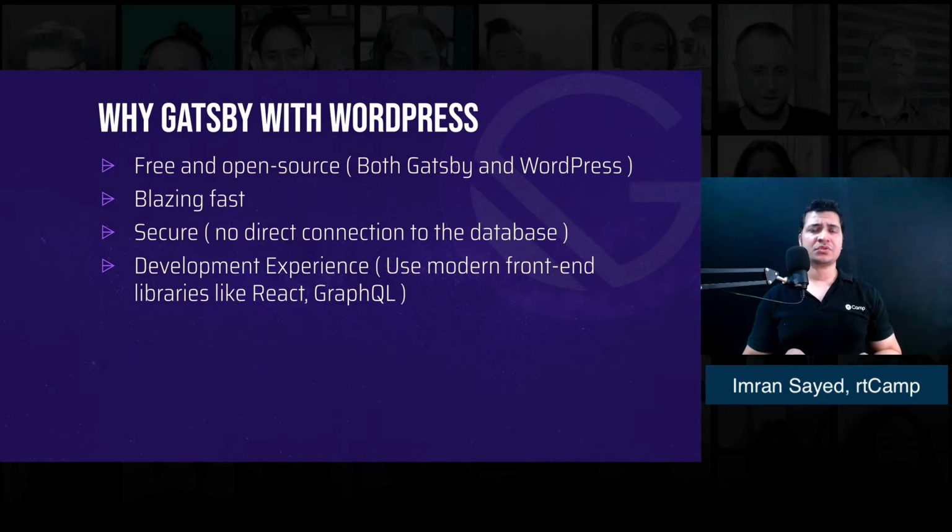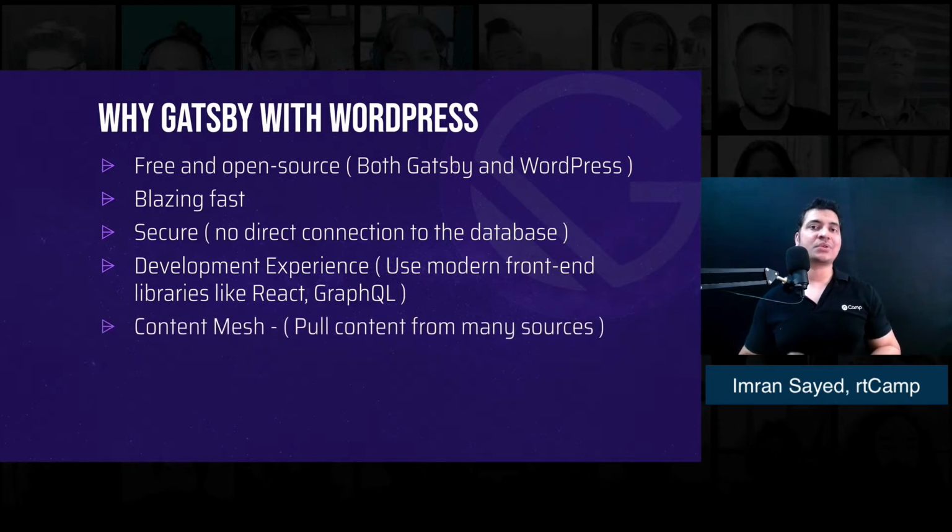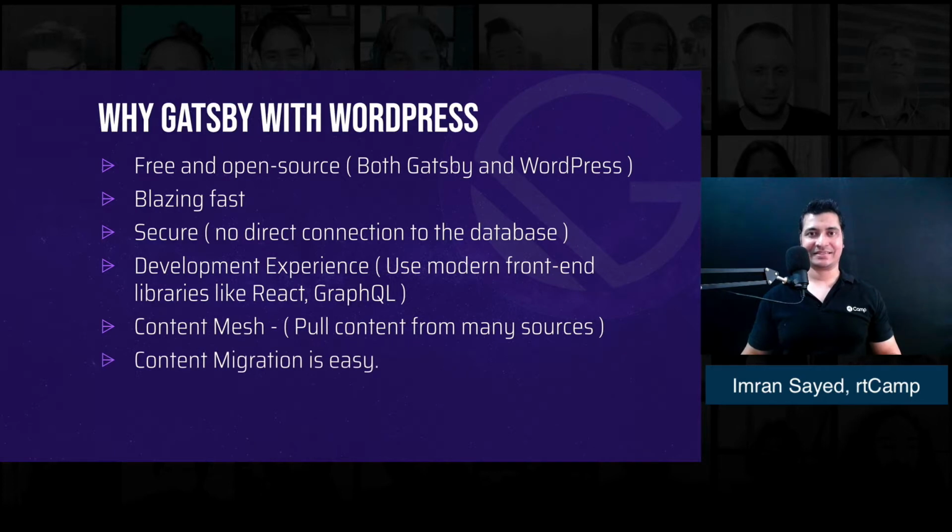One of the most important reasons why Gatsby with WordPress in a decoupled architecture has benefited us is that Gatsby offers content mesh, which means you can pull content from many sources, club them together, and put them onto the front end for the users to use. And last but not least, the content migration is really easy.